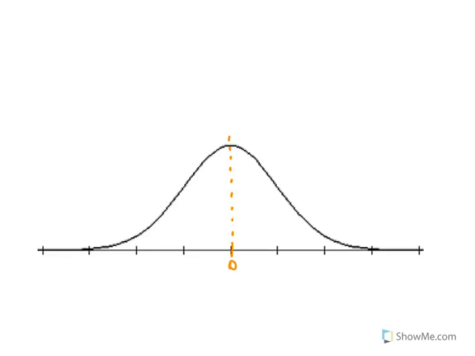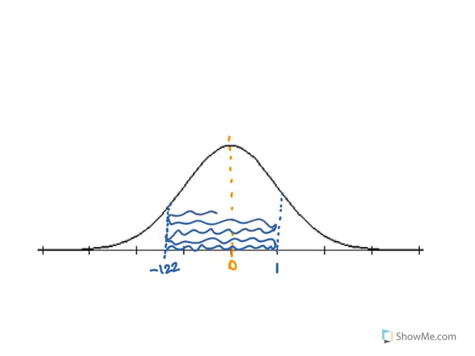Okay, so we have our 0 in the middle for our mean, and we have negative 1.22, and then we have positive 1. So we're looking at this shade.